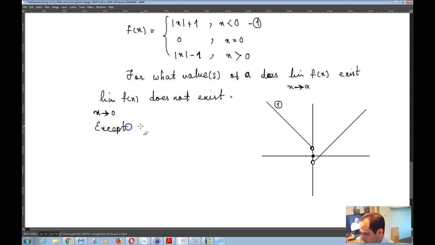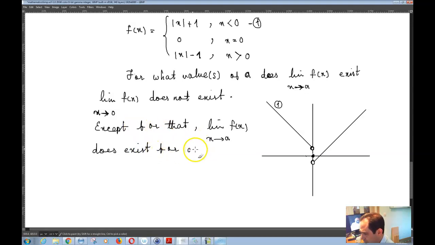Except for that, the limit of f of x when x tends to a does exist for all other values of a, except for a is equal to 0.